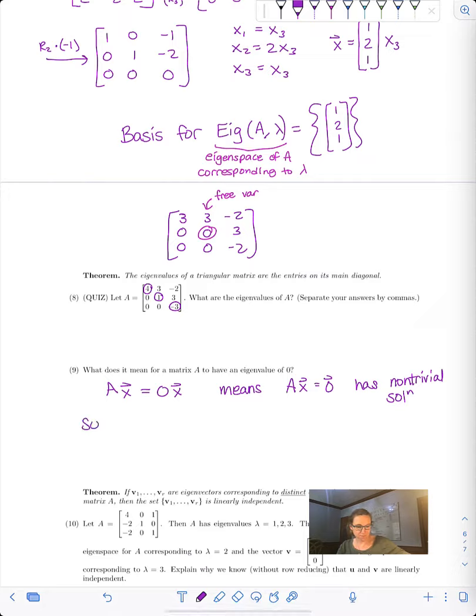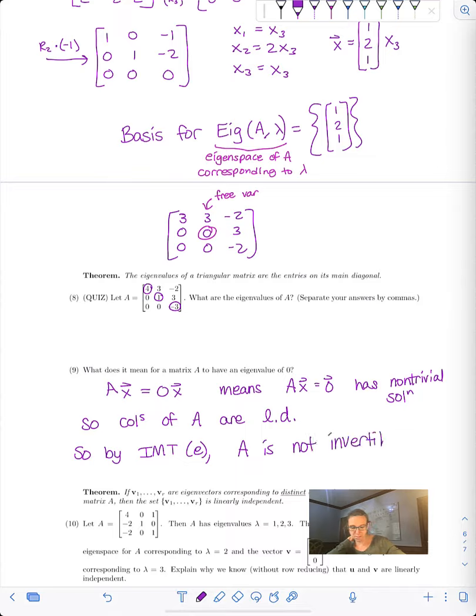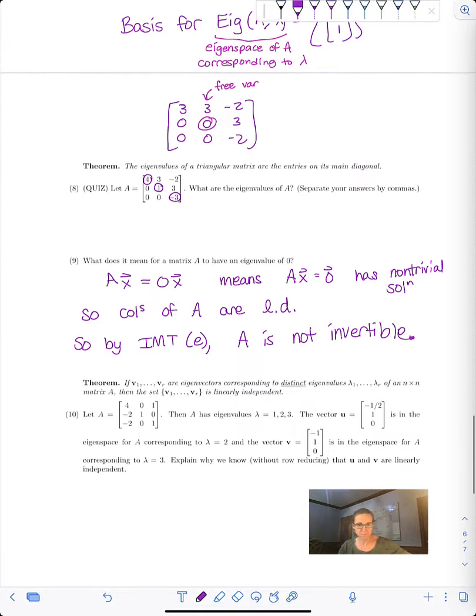And so that actually means that the columns of A are linearly dependent. If we have a non-trivial solution, that means there's a free variable, so those columns are linearly dependent. So by the invertible matrix theorem, part E, A is not invertible. So now we have another thing that tells us about invertibility. If we have an eigenvalue of 0, then our matrix is not invertible.